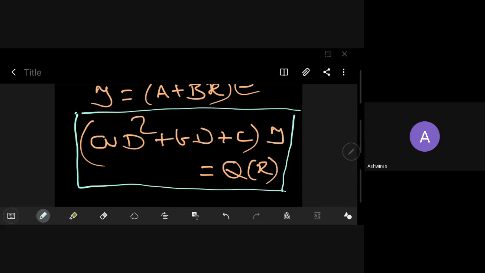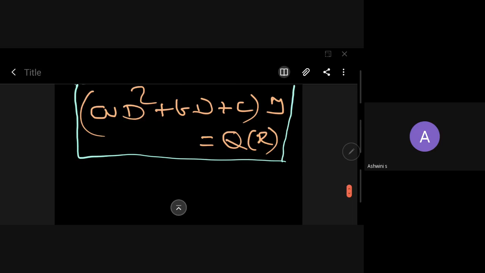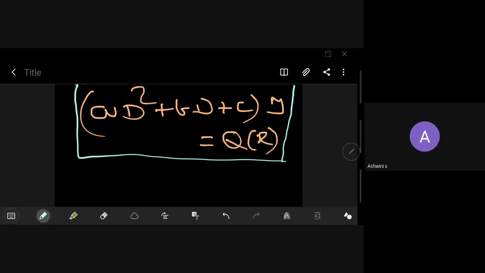See here, any equation has terms. How many terms does this have? In order to know the terms, you need to write it like this: a D square y plus b D y plus c y is equal to Q of x.